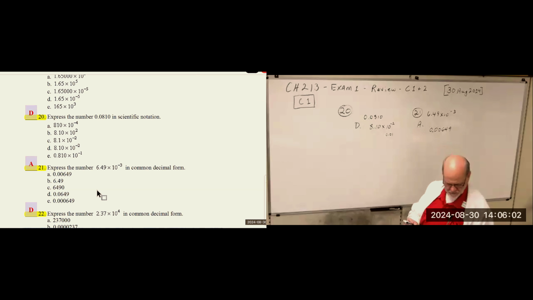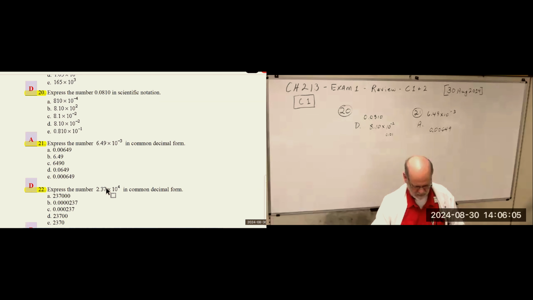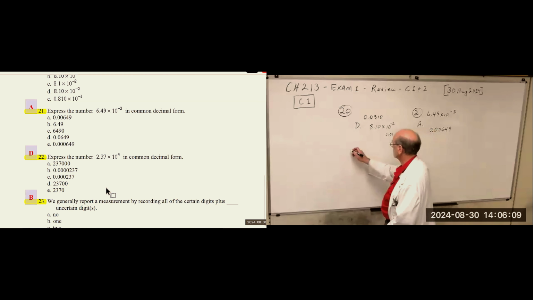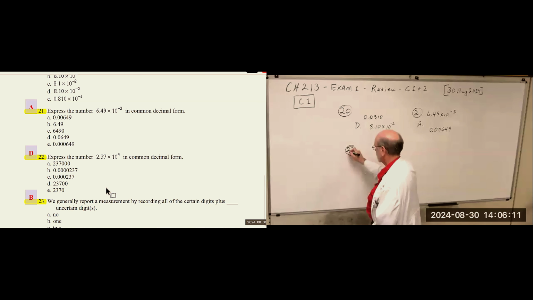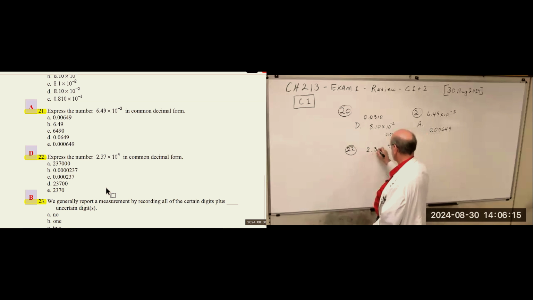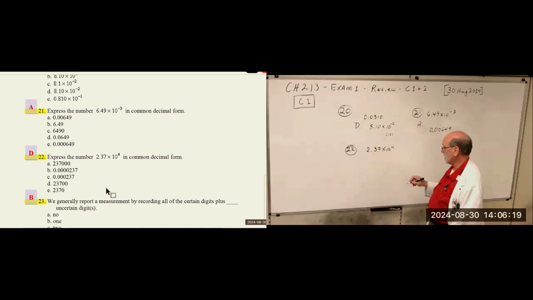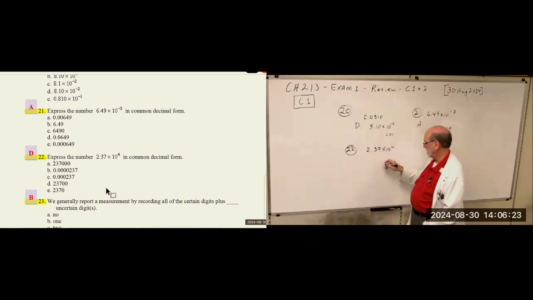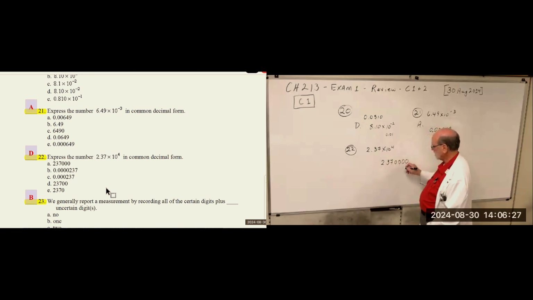Let's see, 22. This one's going to go the other direction: 237 times 10 to the 4th. This needs to be a bigger number than that because these are positive powers of 10. So 2, 3, 7, put some zeros out here.